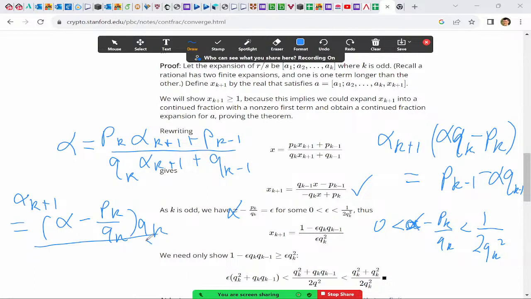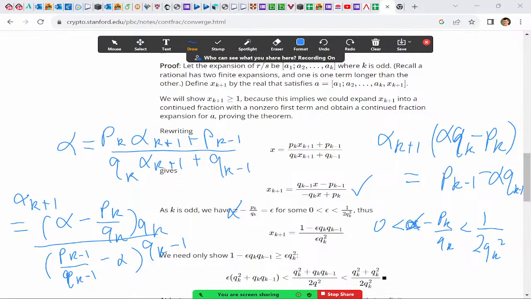So it should look like that, yeah. I'm so confused. So we got alpha_{k+1}.